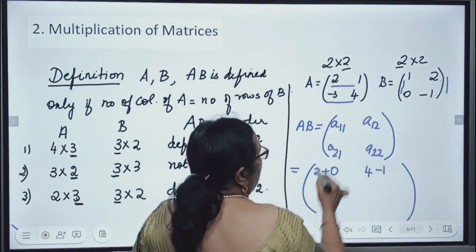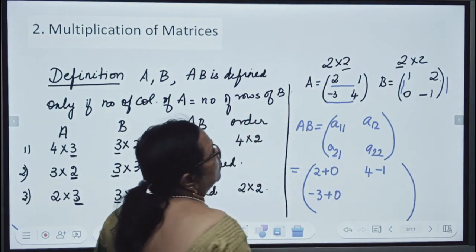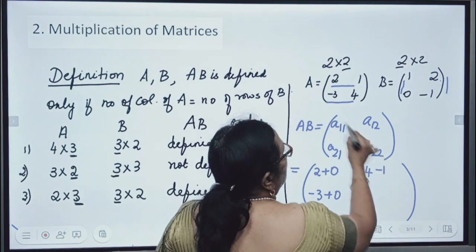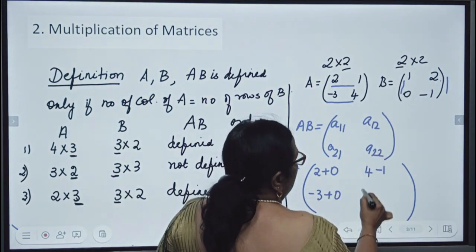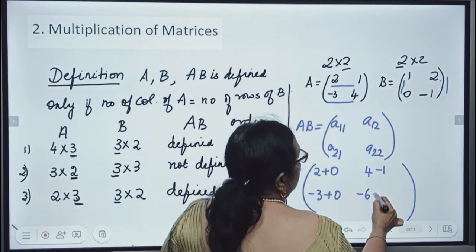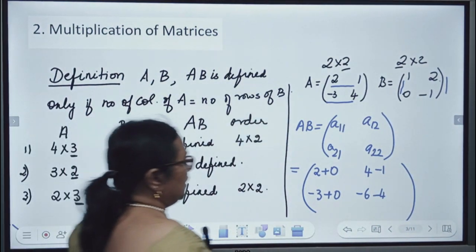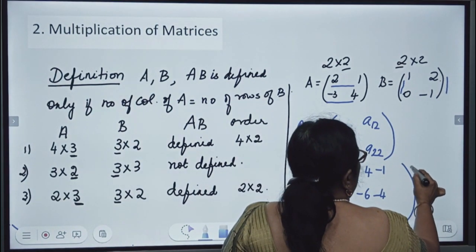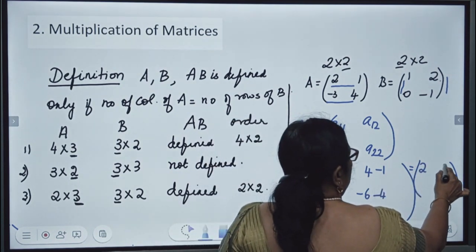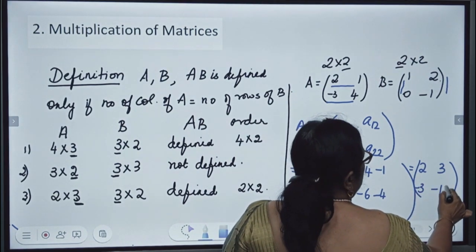So minus 3 into 1, minus 3 plus 4 into 0, 0. Then minus 3 into 2, what will be the last one? A22, second row, second column. Minus 3 into 2, minus 6. Plus 4 into minus 1, which is minus 4. So this will be 2, 3, minus 3, minus 10.